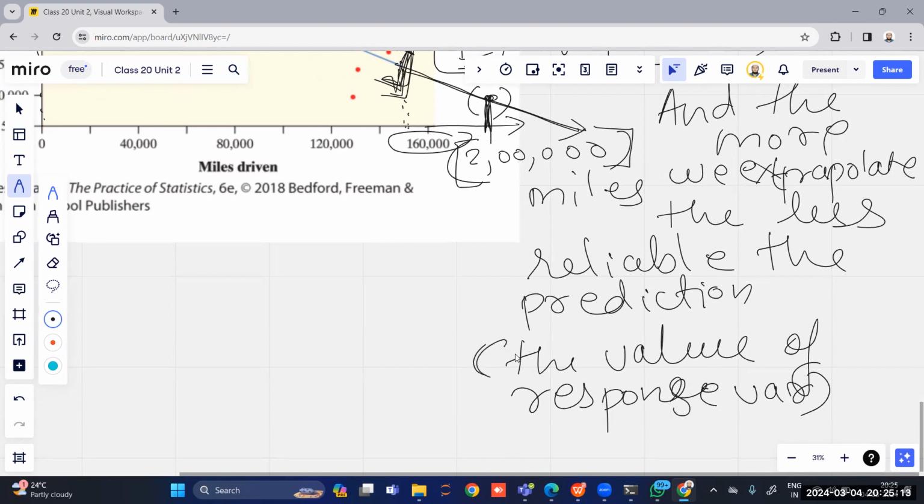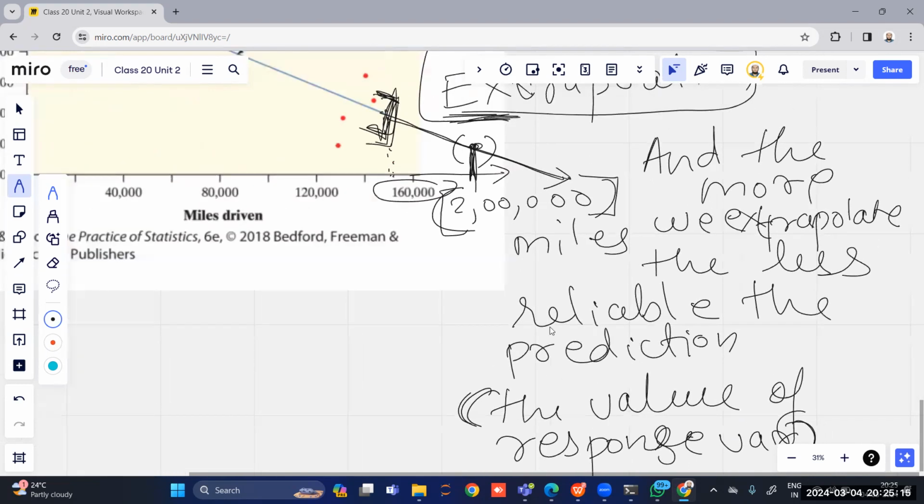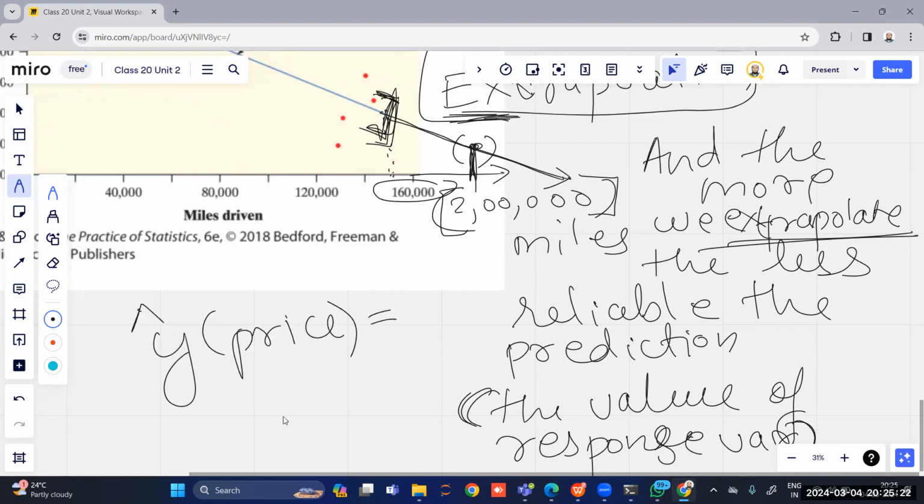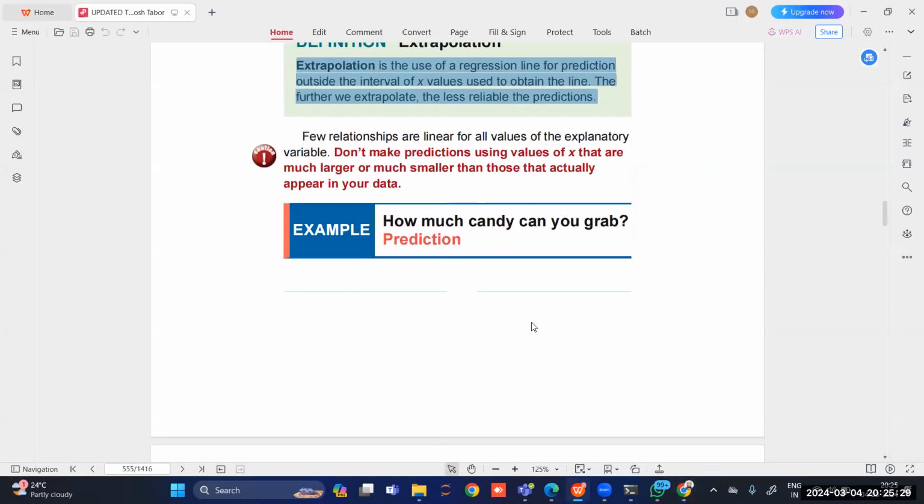It means the higher we go for extrapolation, the value that comes out for the price will be less reliable. Yes or no? This is what extrapolation says. Did you get that? Yeah, I now got that.